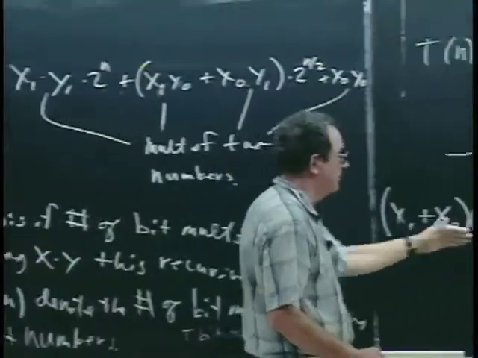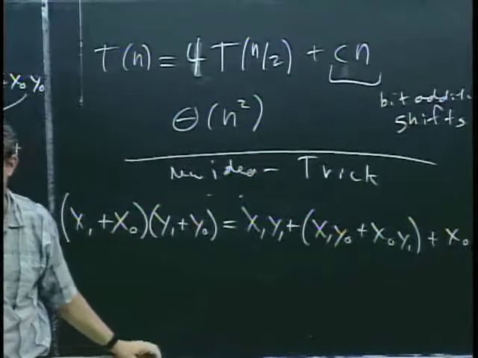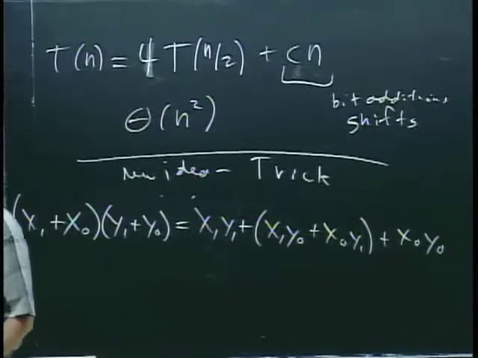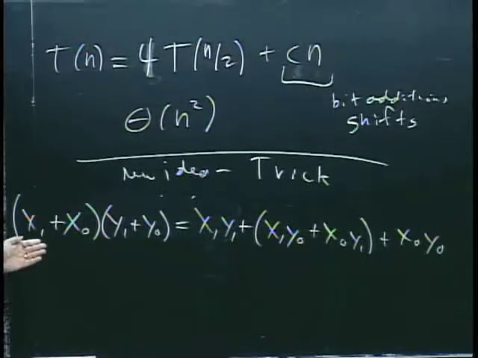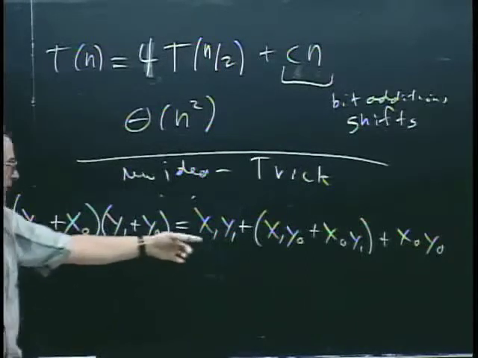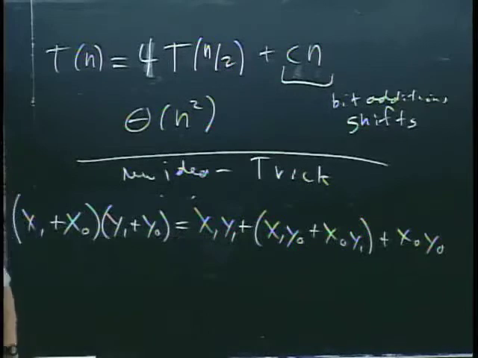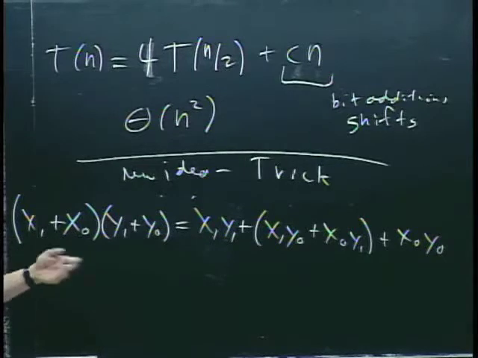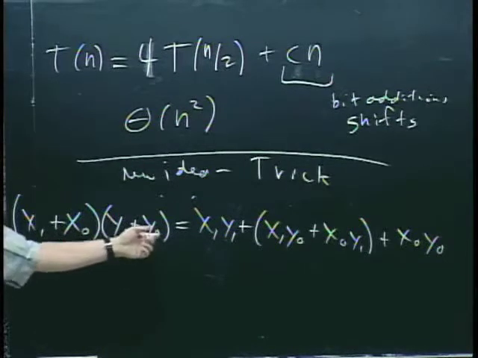So this is the sum of all those individual terms that we needed over here. And by the way, how many multiplications are needed in order to get that sum? Well, one multiplication; this is an addition. So we have x1 plus x0, that's an addition of two n-bit numbers, and this is an addition of two n-bit numbers.